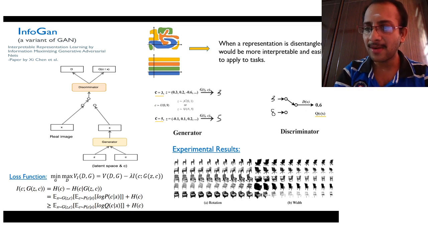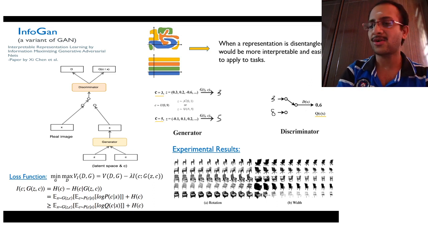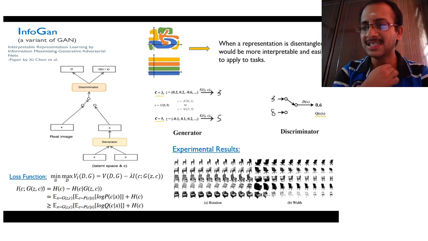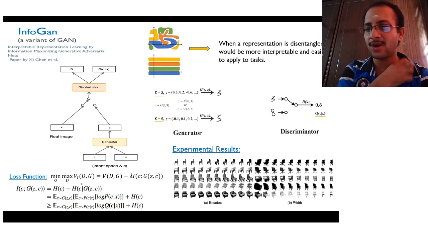So here, as we are minimizing over G, it is the maximization of mutual information with a negative sign. The mutual information can be explicitly written in the form of entropy.